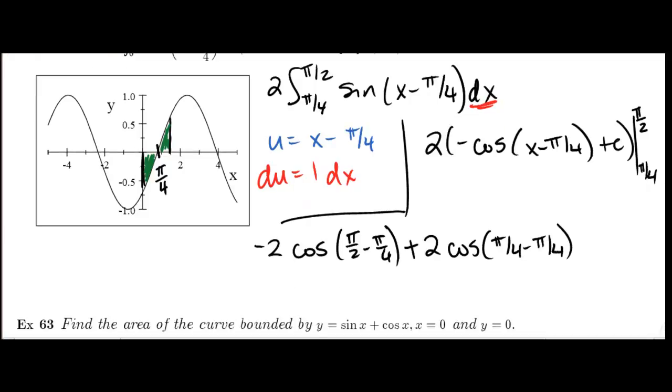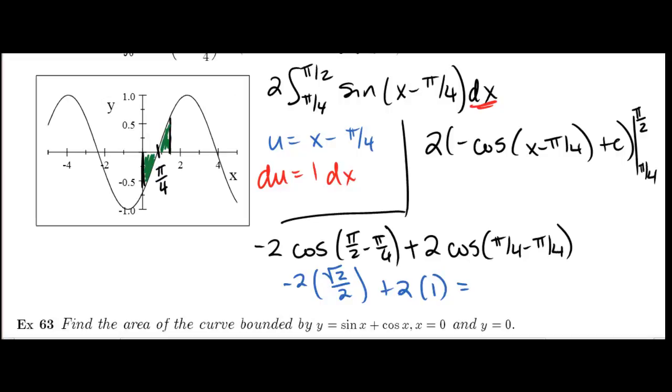So again, if we think through this one, simplifying, pi over 2 minus pi over 4 is pi over 4. Cosine of pi over 4 is radical 2 over 2. And then we have this minus 2 here, so 2 times root 2 over 2. And then plus 2, pi over 4 minus pi over 4 is 0. Cosine of 0 is 1.